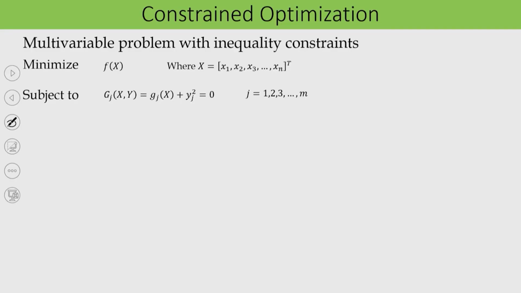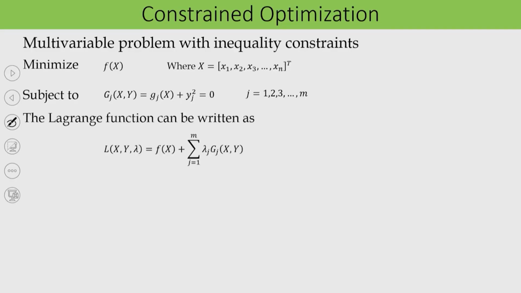So, the problem is: minimize f(x) subject to Z_j(x, y), a function of x and y, which is small g_j(x) plus y_j squared, where j is 1 to m and we have n variables here. Now, if I write the Lagrange function, which we discussed in the last class, it can be written like this.